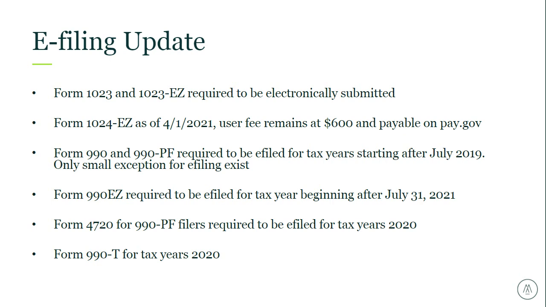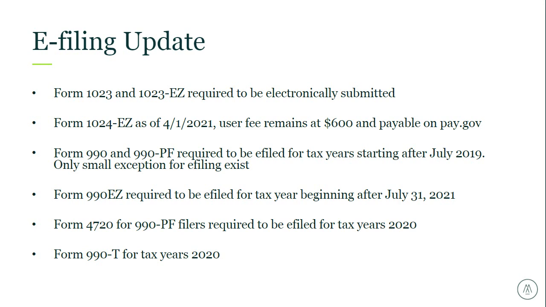New this year for 2020 tax filings is the Form 4720 for 990-PF filers, along with the Form 990-T for tax years 2020. A few caveats with regards to the 990-T is that there are only a few limited software vendors that are able to electronically submit these tax returns.